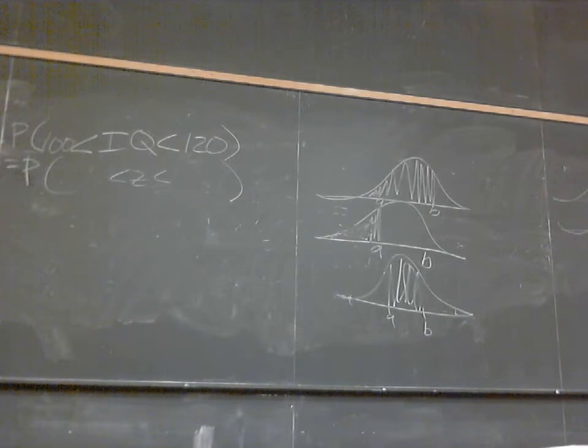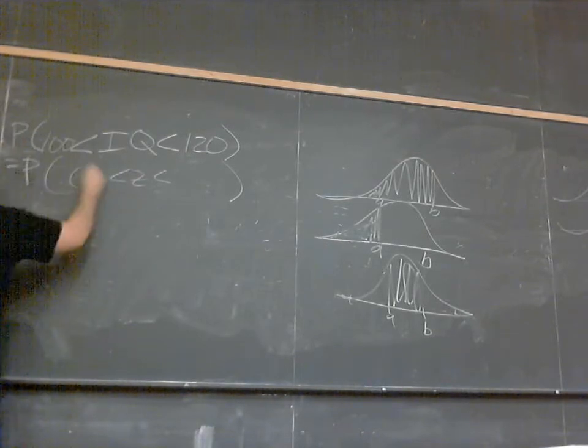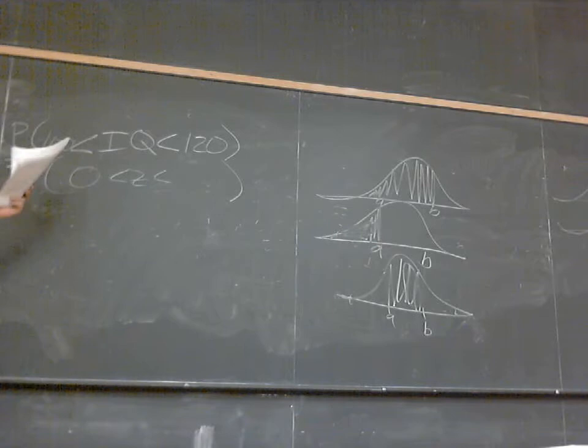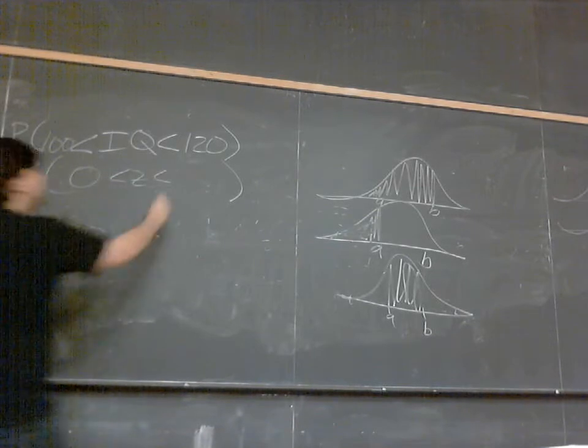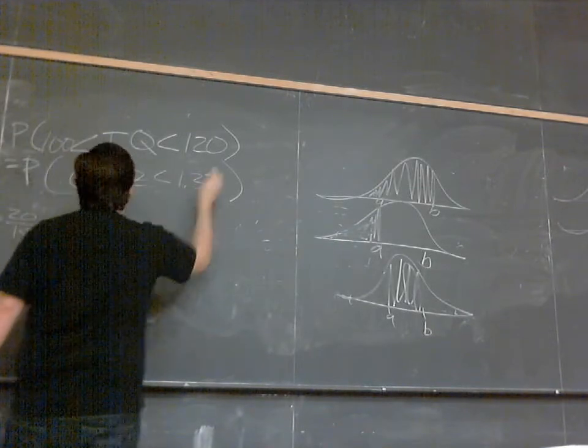Z-score is how many standard deviations from the mean a value is. The mean is never away from itself. 0. 120, you might need a calculator. I have z equals 120 minus 100 divided by 15. That gives me 20 over 15, which is 1.33. So now I have the probability that z is between 0 and 1.33.